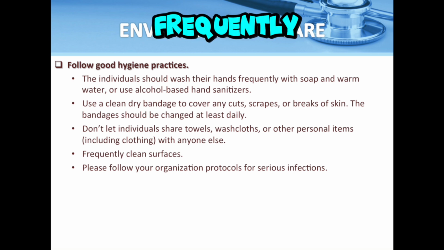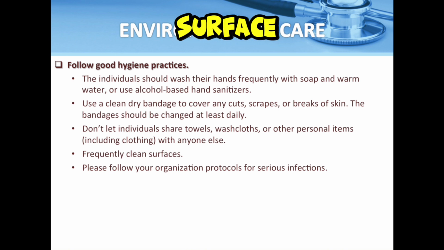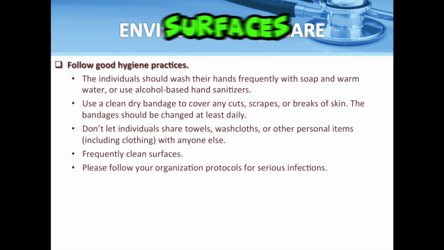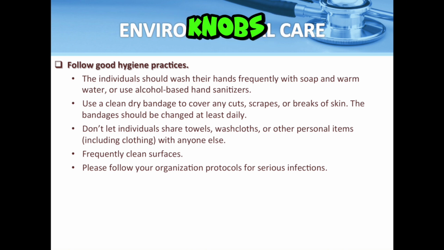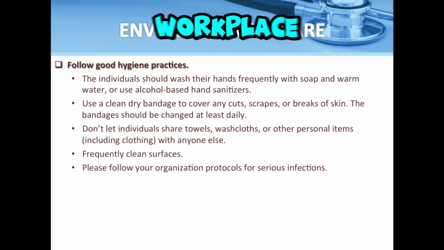Don't let the individual share towels, washcloths, or other personal items with anyone else. And frequently clean all of the surfaces, especially the high-touch surfaces like doorknobs and toilets and so on. Please contact your organization for other precautions if you think that you have a serious infection at your workplace.